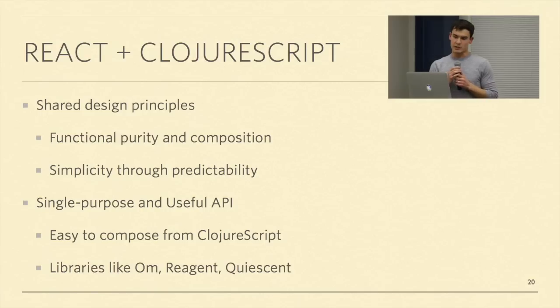And so what we mean by that is components can compose arbitrarily. Components have render functions that are intended to be pure. And there's a focus on simplicity through making the API predictable. So you can have any app state value and render that at any time, and you should expect to get a consistent output.